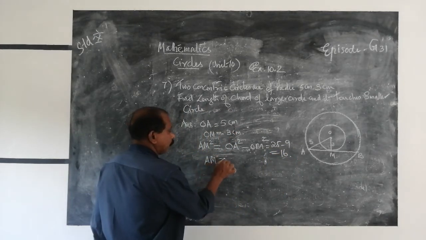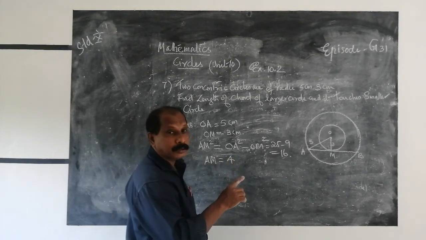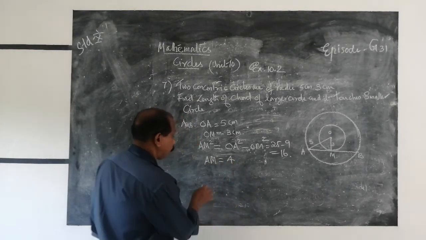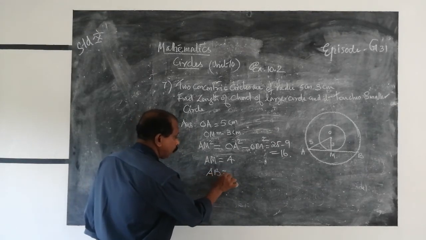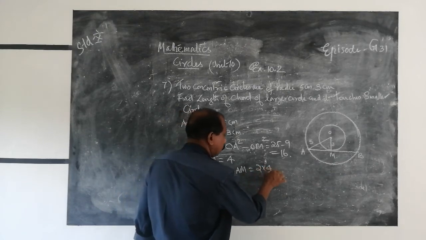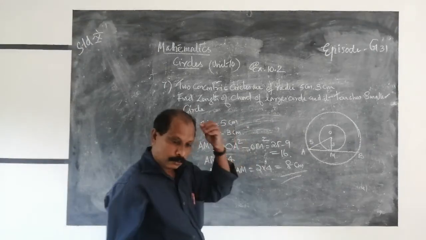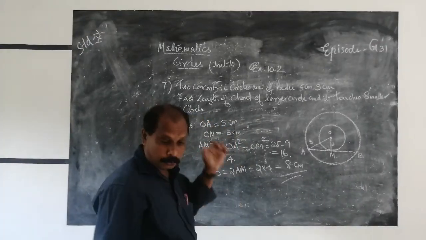Therefore, AM is equal to root 16, that is 4. Then AM is half of the chord, therefore AB is equal to 2 AM, which is 2 into 4, equal to 8 centimeters. That is the answer of that question. That is the 7th question.